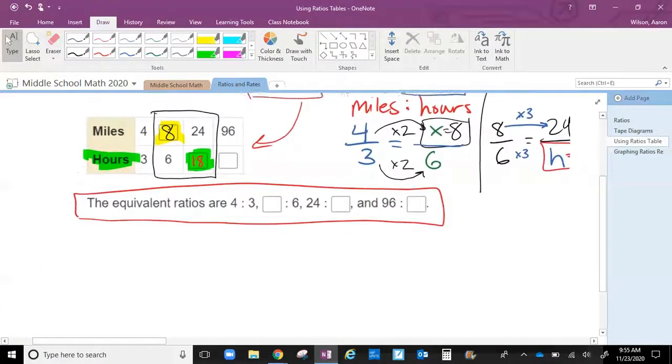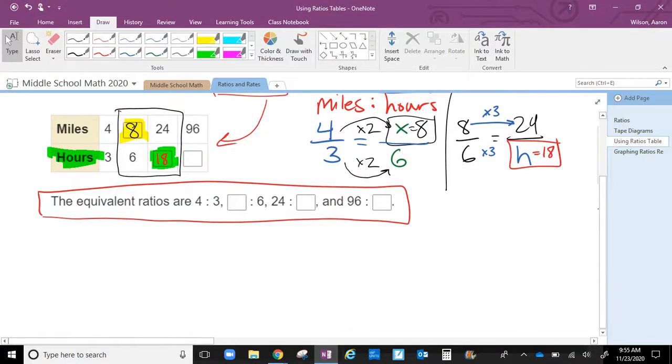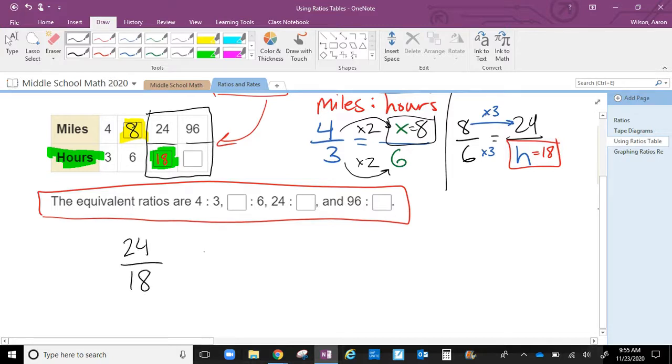On into the last one. I'm going to have to move on down here, but now I'm going to focus on these 4 boxes. And again, I'm writing them as fractions, right? Because ratios are nothing but comparing two numbers, and I write them in fraction form. So it's 24 over 18 is supposed to be equivalent to 96 over the unknown amount of hours. So trying to spot patterns here, this one's a little bit more difficult.